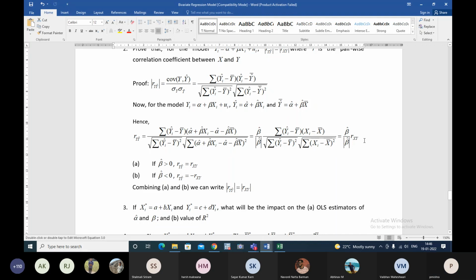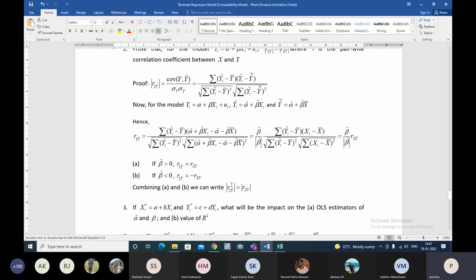Now in the denominator, because we are taking it out of the square root, with respect to standard deviations we are basically treating the positive value. So it all depends on the sign of beta hat. If beta hat is positive, they would be the same.